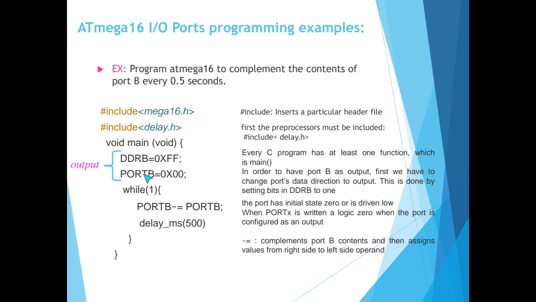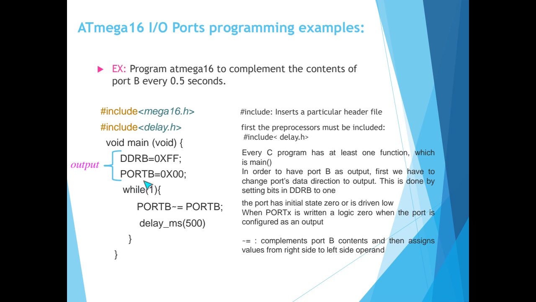I initialized all of the bits of port B with the initial state equal to 0. And then I started my program by using an unconditional infinite loop because I want to complement the contents every half a second.